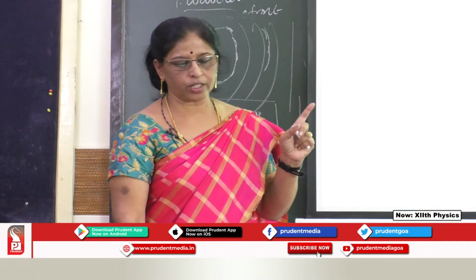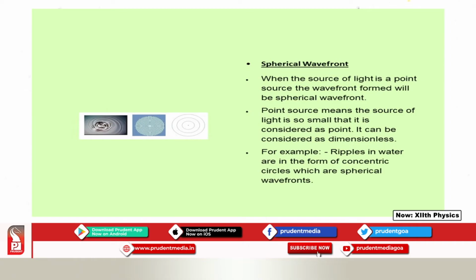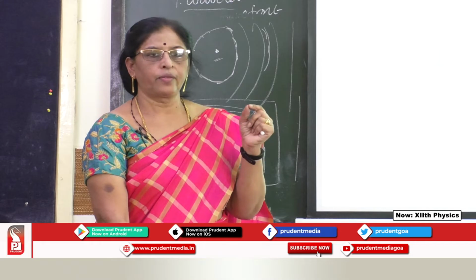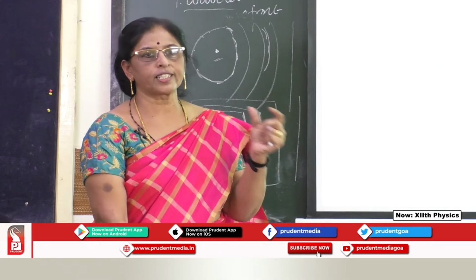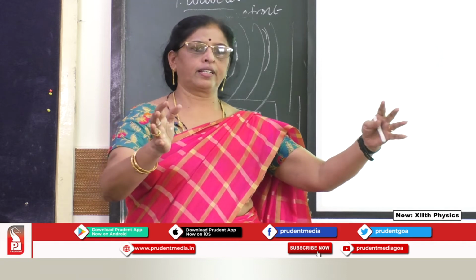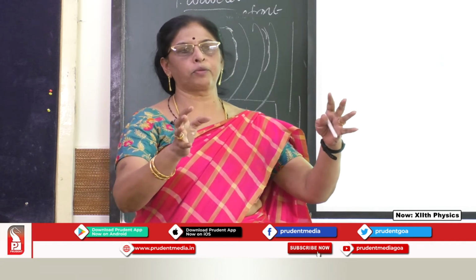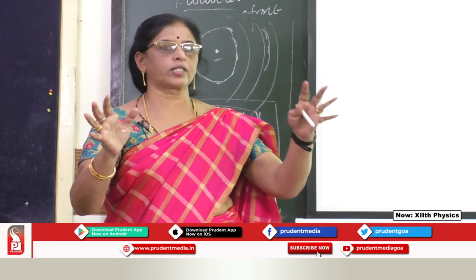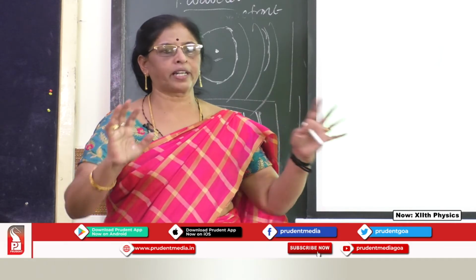Okay, so I will move to the next one. Spherical wavefront: when the source of light is a point source, the wavefront will be spherical. Point source means the source of light is very small, that is why we consider it a point object. Last year you must have studied about point objects. For example, when you see an aeroplane in the airport, you can see its dimensions, what the length and breadth are.